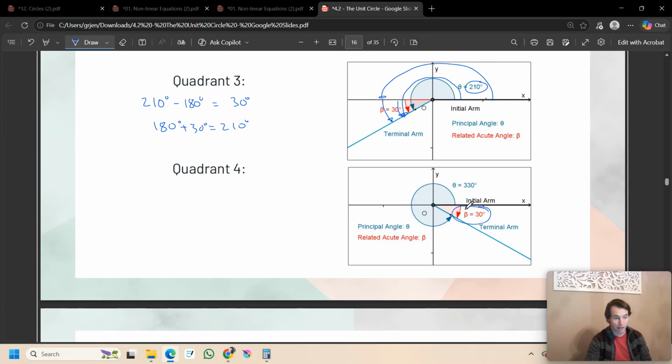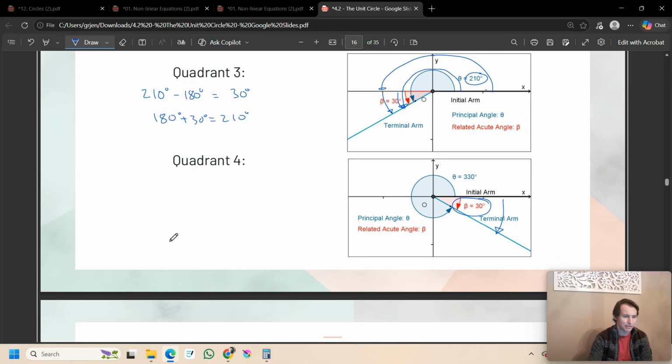So here, the related acute angle is 30 degrees, but you might also ask, is that negative? No, we just think of related acute angles as always being positive. I've never heard someone say a related acute angle that's negative. So in quadrant 4, we do 360 minus the related acute angle to get the principal angle.